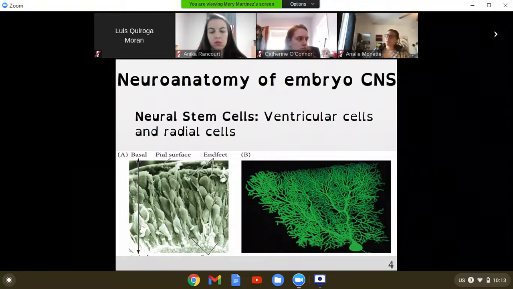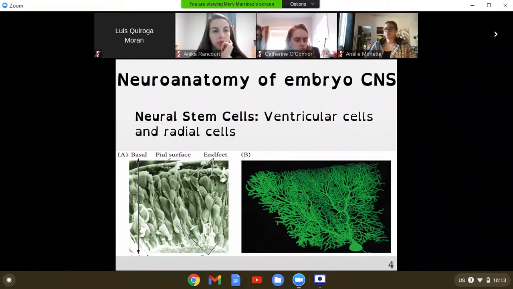Then we have the other type of cells, which are transformed into radial glial cells, or simply radial cells. These cells will serve as the major neural stem cells during development, and they have this multipotent capacity and self-renewal.